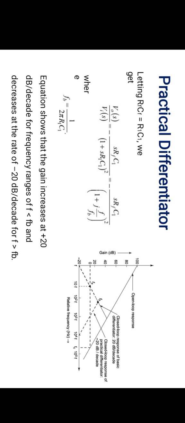Fb equal to 1 by 2 pi R1 into C1. The equation shows that the gain increases at plus 20 dB per decade for frequency ranges of f less than Fb and decreases at the rate of minus 20 dB per decade for f greater than Fb.